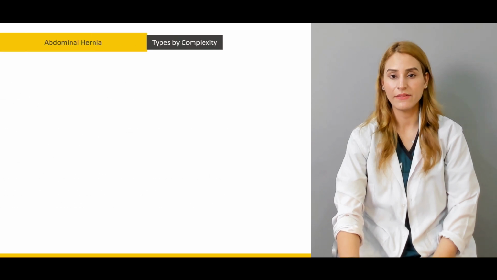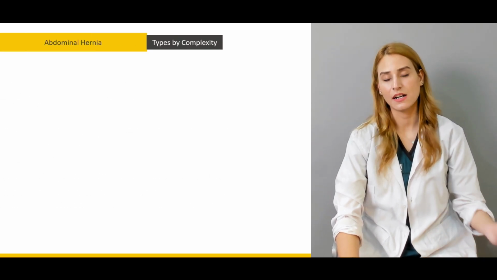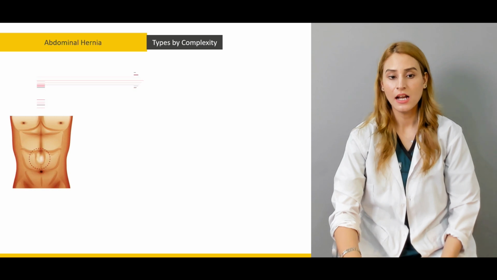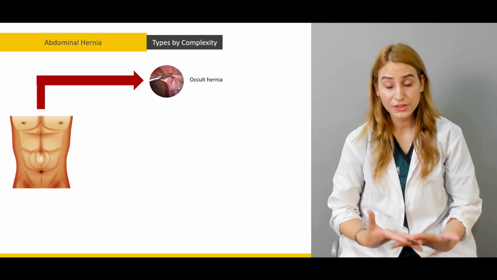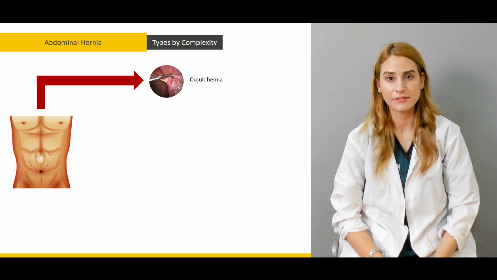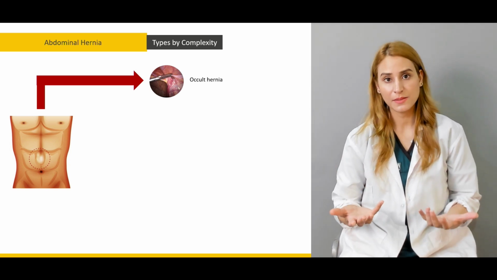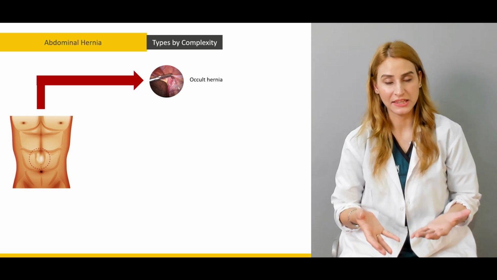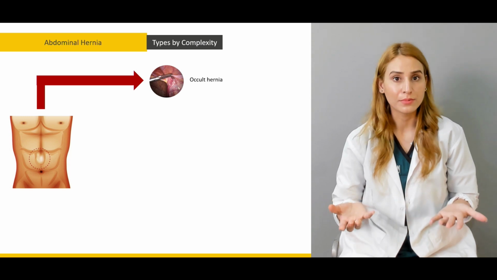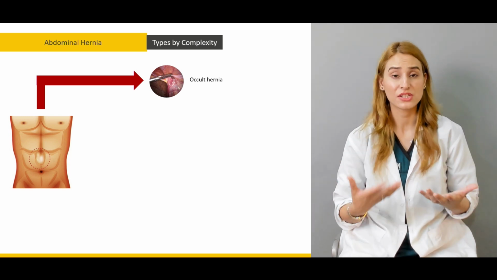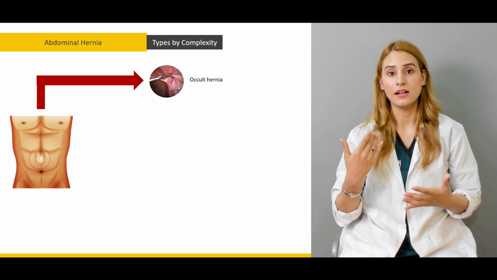So let's have a look at the types of complex hernias. Basically, one is the occult hernia. How do you define an occult hernia? Occult means something we cannot see with the naked eye, right? So that means a hernia which is not visible. There's no swelling, but the patient is in extreme pain.